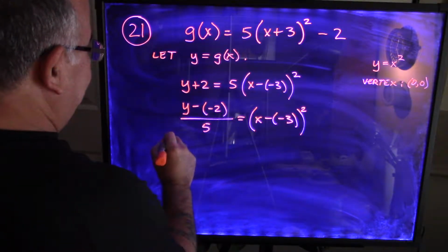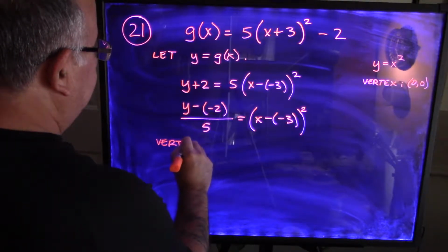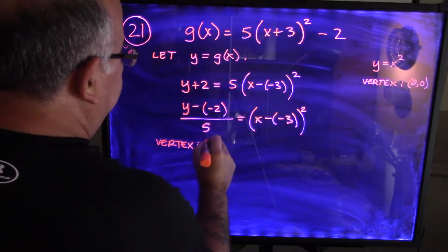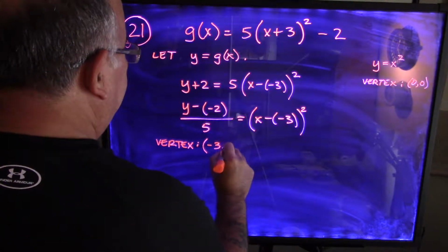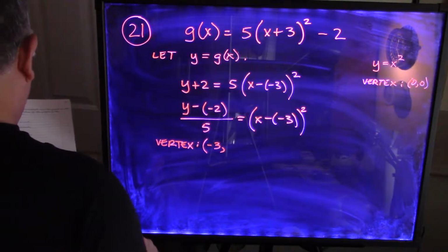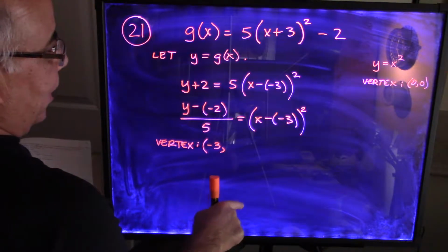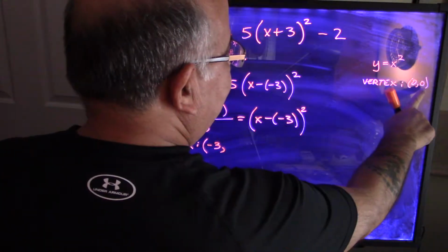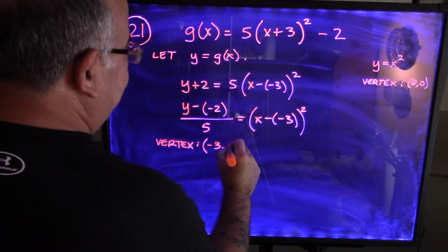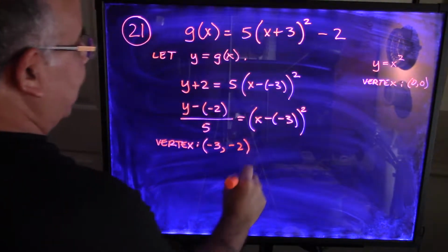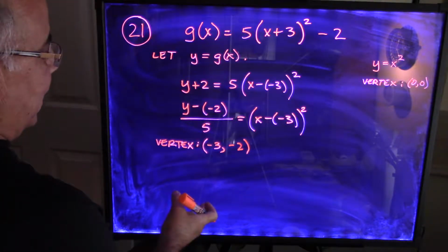So the vertex of this is going to be -3, and then there's a downshift 2 units. So the vertex goes down 2 units. You just subtract 2 from the y coordinate and you get -2. So that's the new vertex. Think of shifting it left and down.